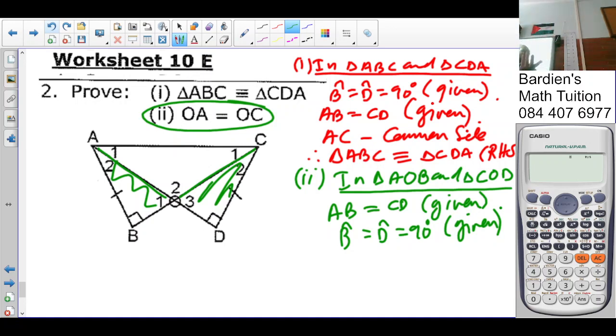You can't say it. Is O1 not equal to O3? Not O, O1. O1, yes, is equal to O3. Why? Vertically opposite.